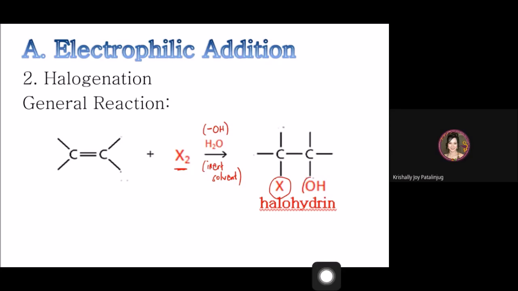So where does this OH come from? It comes from the water. That is why the product is a halohydrin. Halohydrin is the major product of halogenation of an alkene in the presence of the inert solvent water.